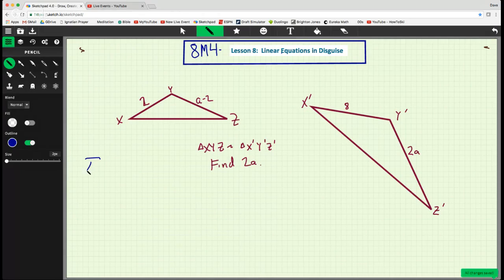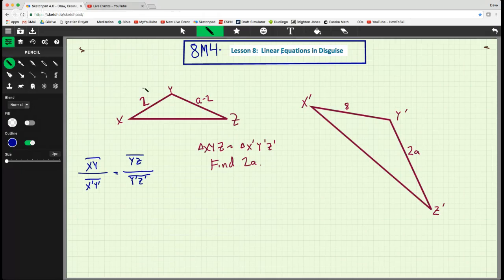I say xy over x prime y prime equals yz over y prime z prime. This way I really can't screw up my ratio by getting confused about which lengths match up to which sides.